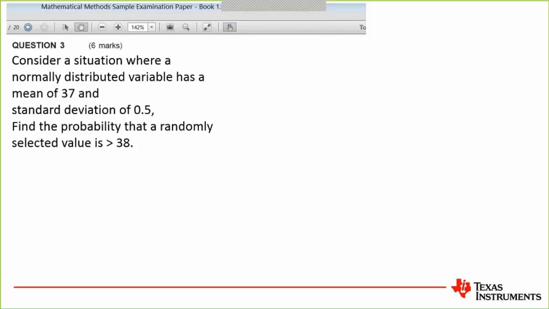They had some sample questions from the SACE, and I can't produce them for you here because that's copyright, but this is the essence. If we were looking at a situation that was normally distributed, you can see the mean of 37, standard deviation of 0.5. What then is the probability that a randomly selected value is greater than 38?